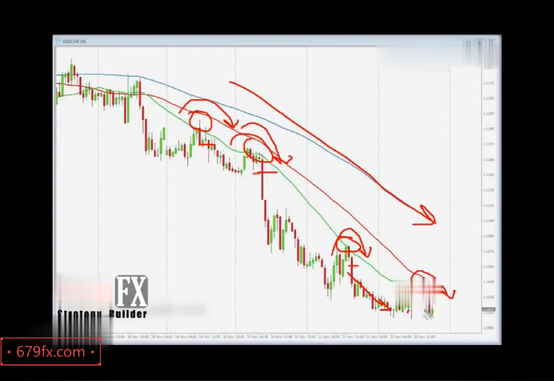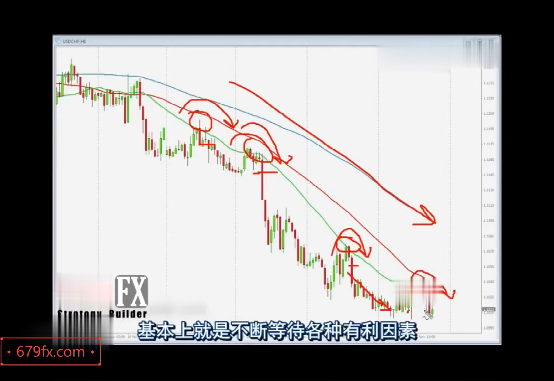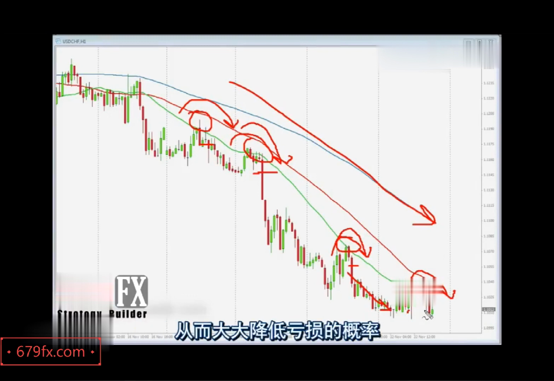You are basically stacking up chances, odds on your side, and that will increase your win-loss ratio. Instead of scoring a 50-50, you will be trading on a 60-40, 70-30, 75-25, 80-20.